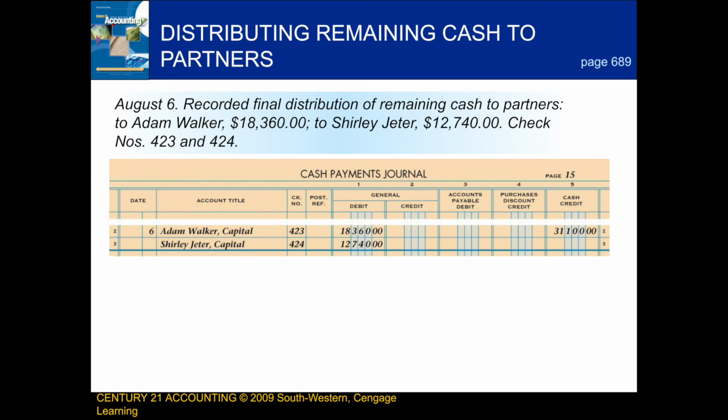Following that, we record the second amount, which is $12,740, in the general debit column. And finally, we record the total amount, which is $31,100, as a credit to cash in the cash credit column.